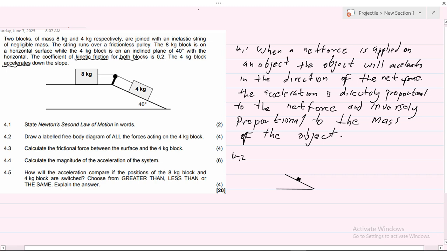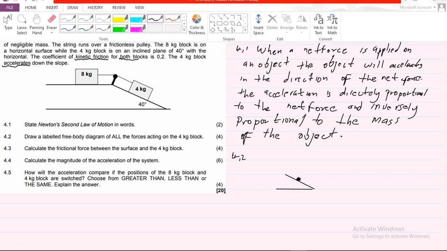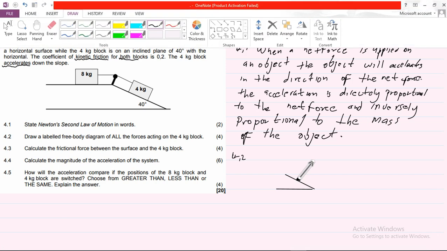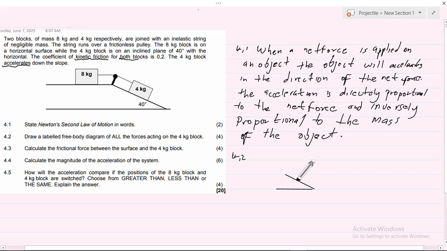From my dot I must have the vectors, which represent the forces. I have a normal force. The normal force, ladies and gentlemen, must every time be perpendicular to the surface the object is on. Then I have the gravitational force.